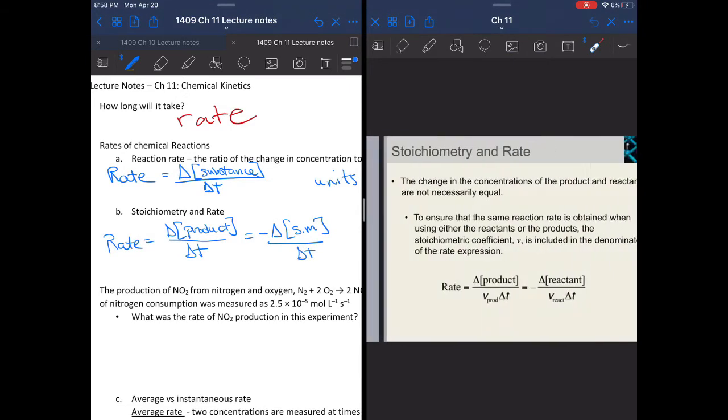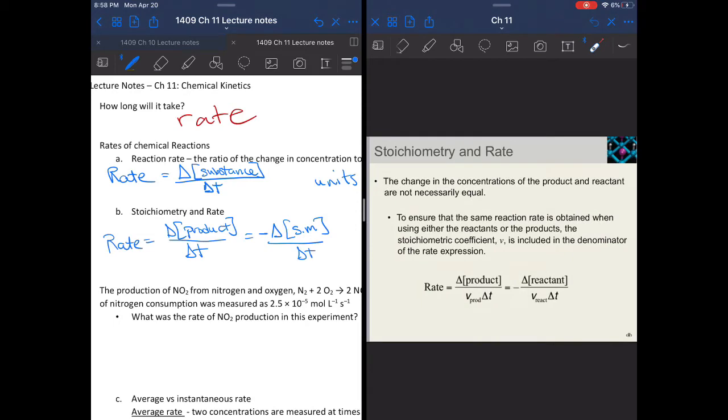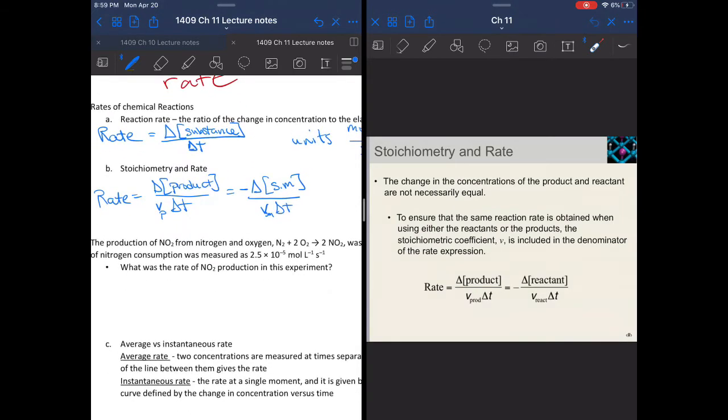To account for stoichiometric differences, you will also put the stoichiometric coefficient on the bottom, the coefficient of the starting materials or of the products. That will make sure that even if there is a difference in the mole ratio, the rate will still be the same.